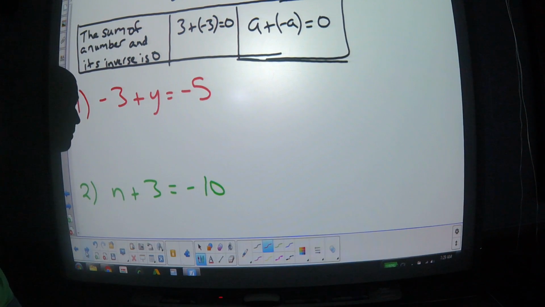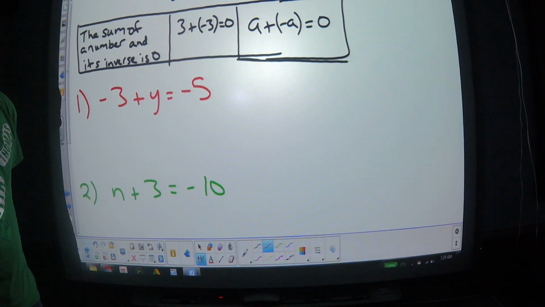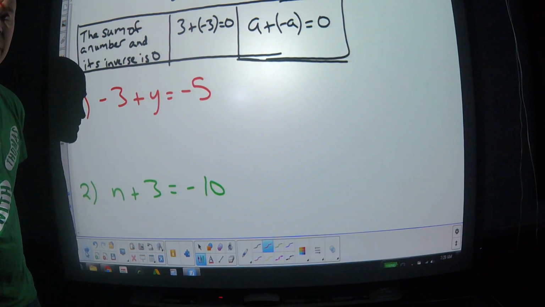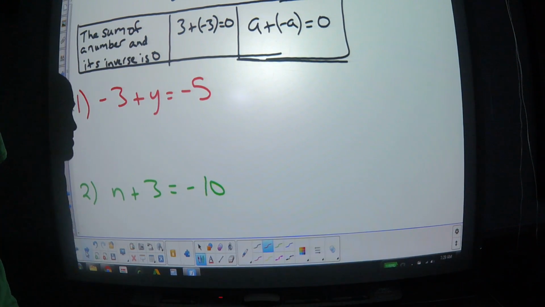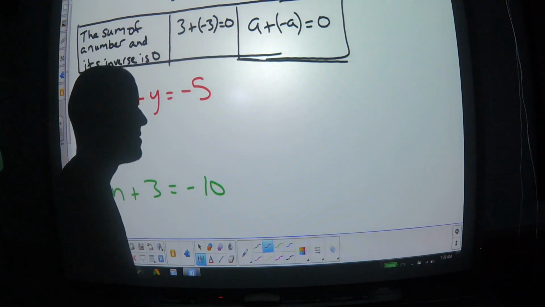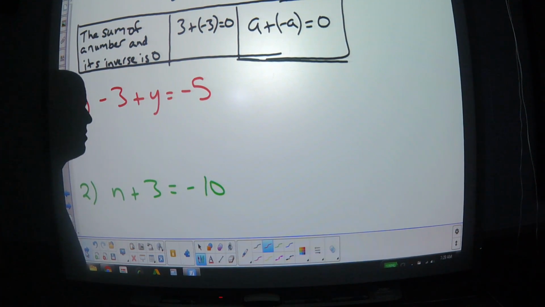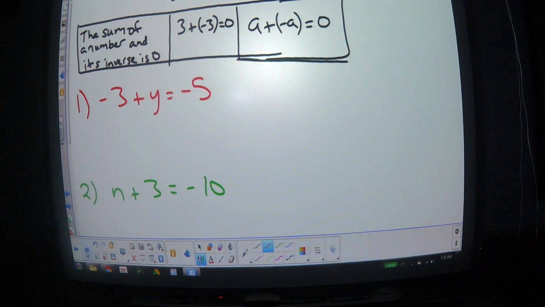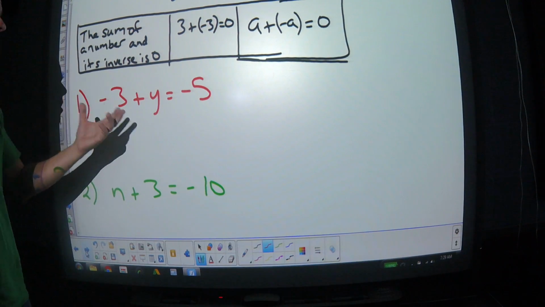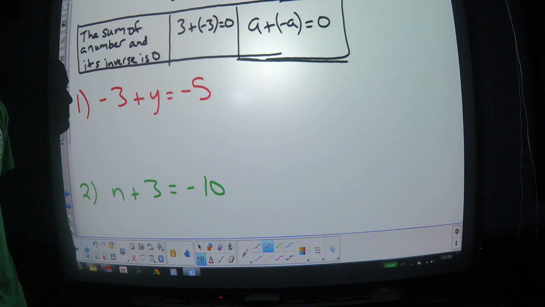That's why when we're doing subtraction equations, you're adding the opposite of whatever it is. Okay, so I just wanted to remind you about the inverse addition rule. And that's how you're going to solve for these variables in one step, by using the inverse addition rule.